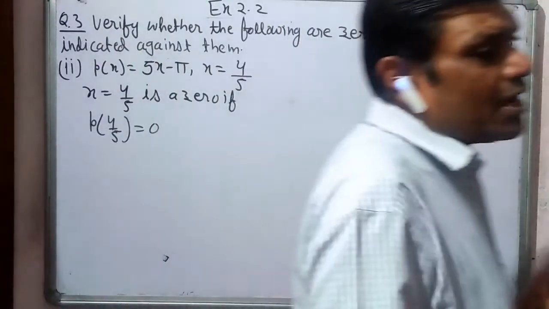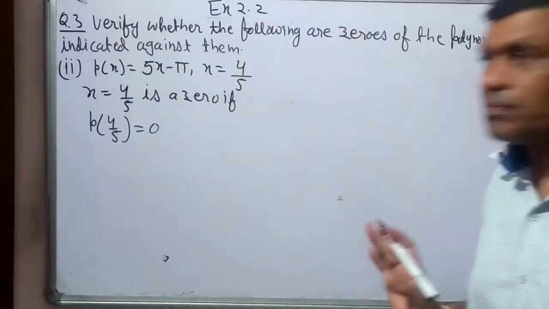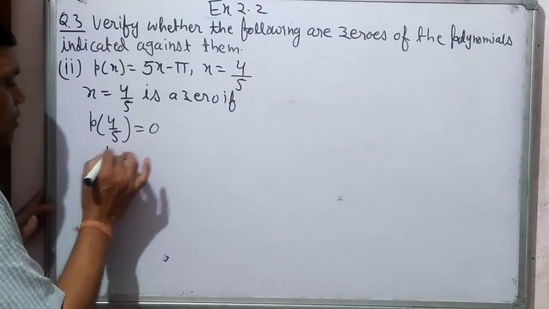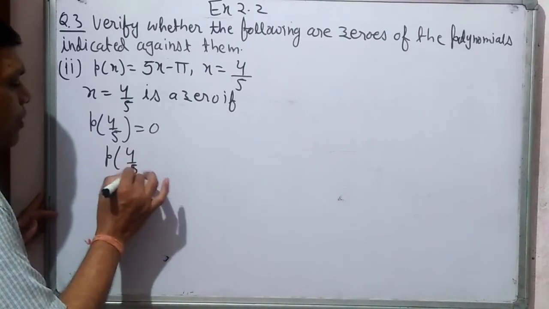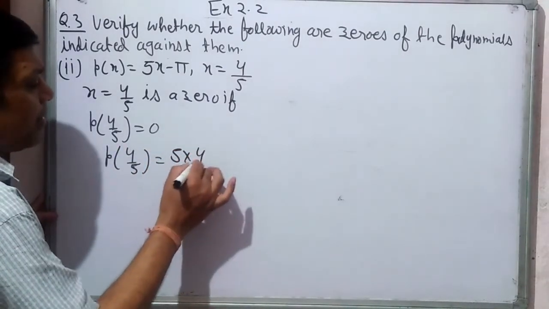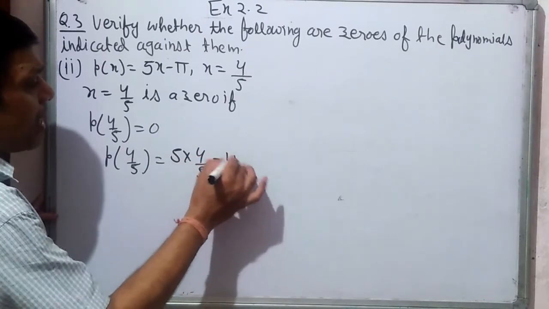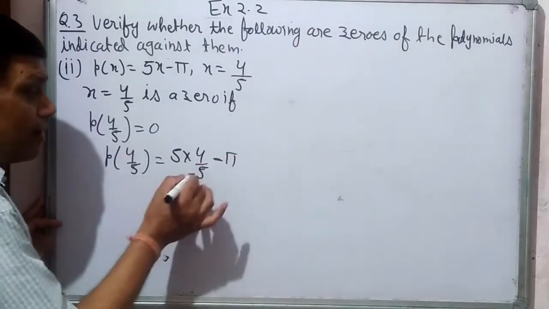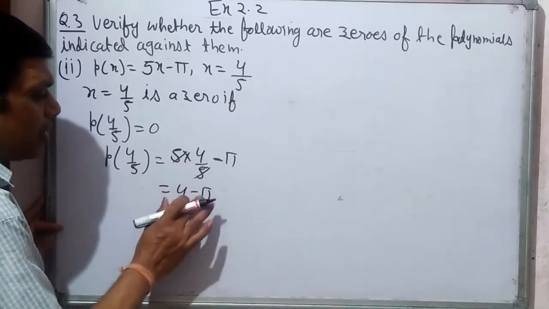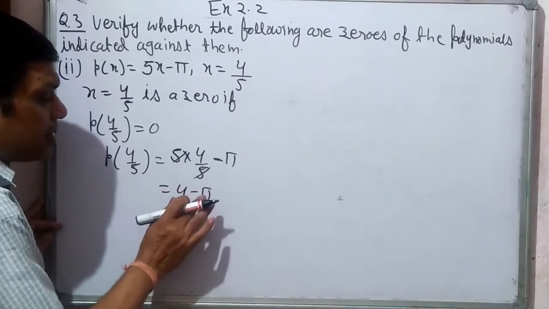That is our regular condition for a 0. So let us find out the polynomial's value at 4 upon 5. We have 5 multiplied by 4 upon 5 minus pi. Well, that gave us 4 minus pi. And is this value 0?